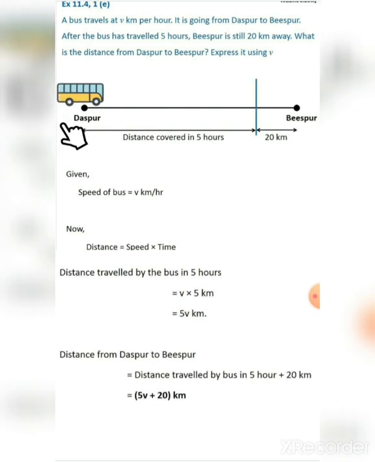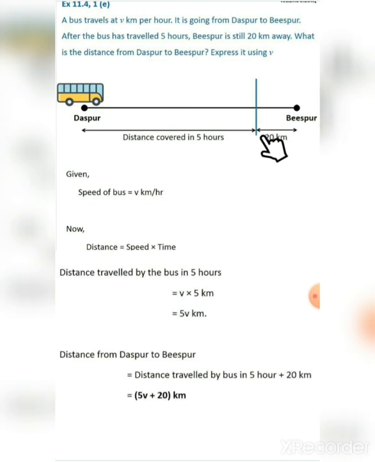So you can see in this pictorial representation there is a bus which is starting from Daspur and reaching the destination, Bispur. From Daspur to the position where the bus will reach is the distance covered in 5 hours.